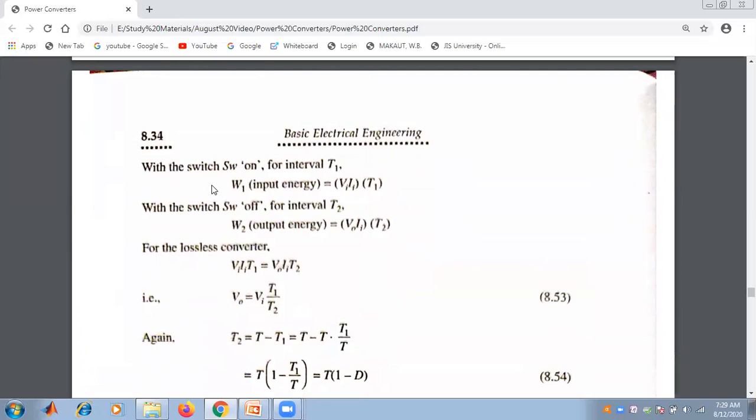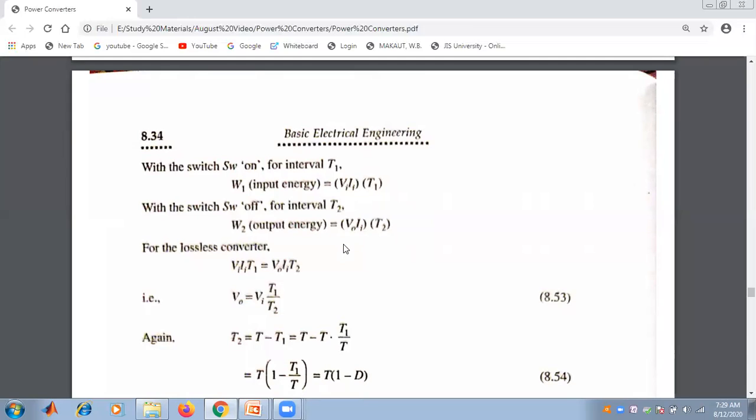So when the switch is in on condition, for the time period T1, the input energy W1 is equal to Vi Ii into T1.